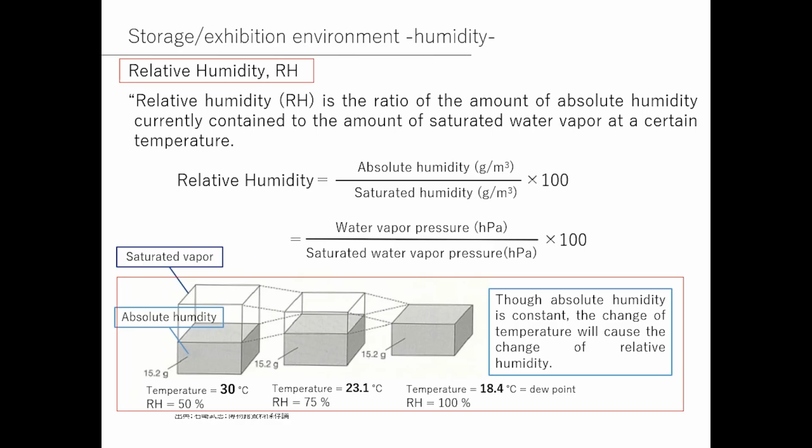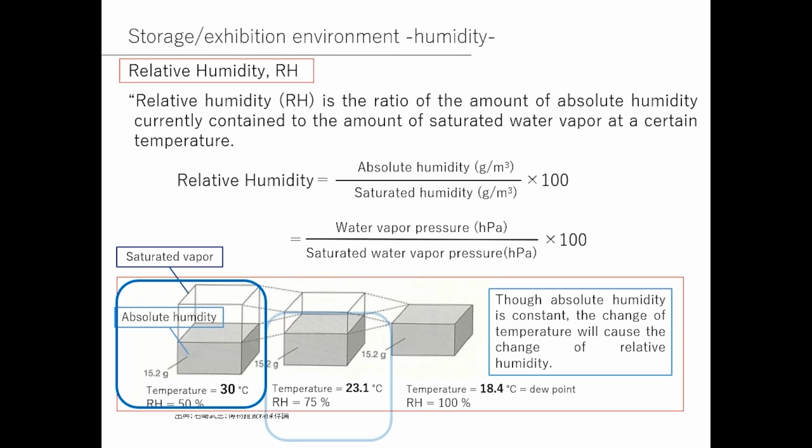When the temperature is 30 degrees Celsius, the amount of water vapor if the air is saturated is high, and therefore the volume of the container is large. So, the absolute humidity currently contained is half the amount of water vapor if saturated vapor. That is, the relative humidity is 50%.